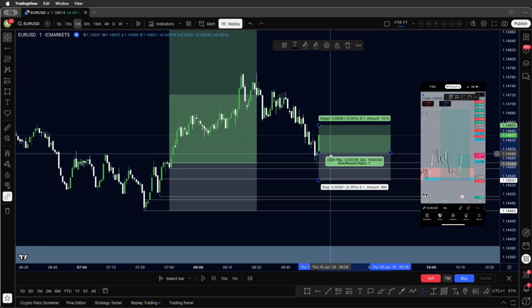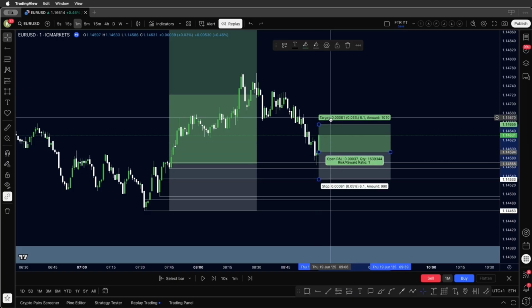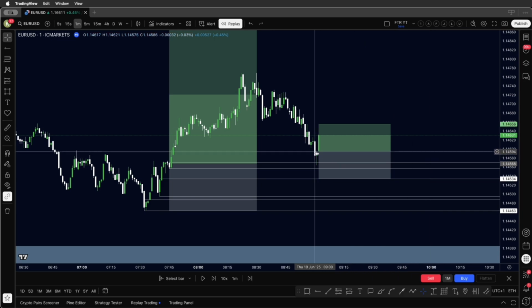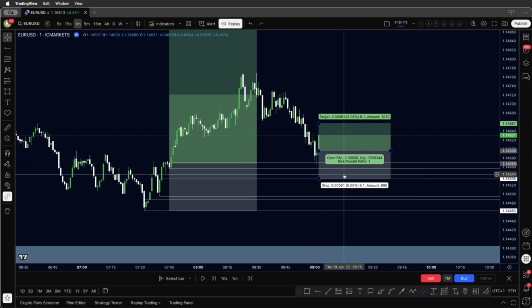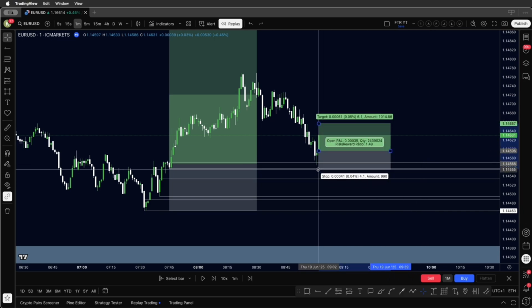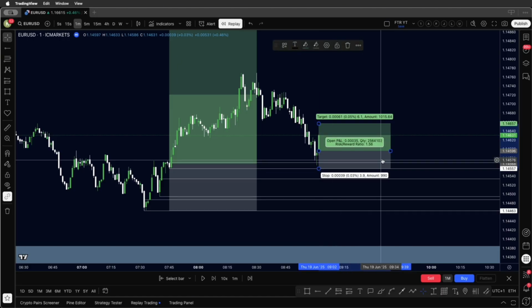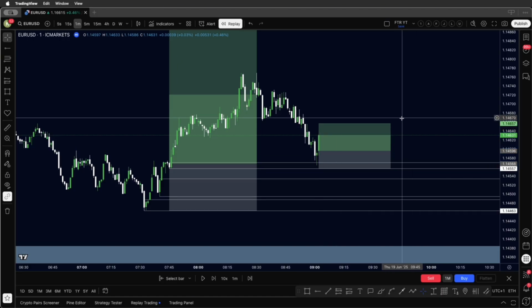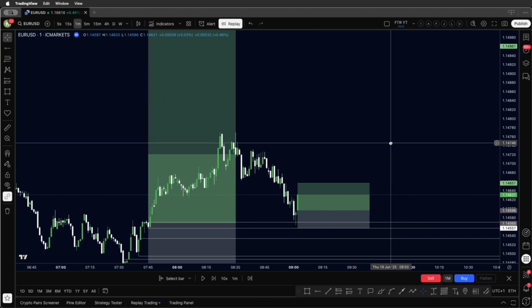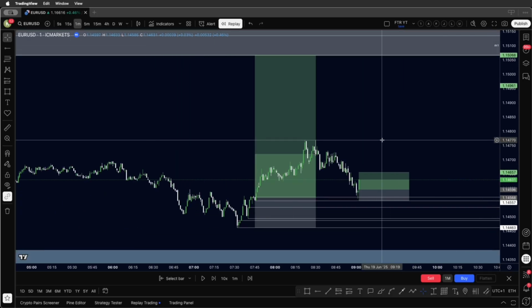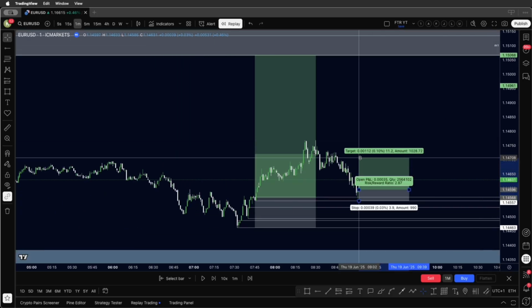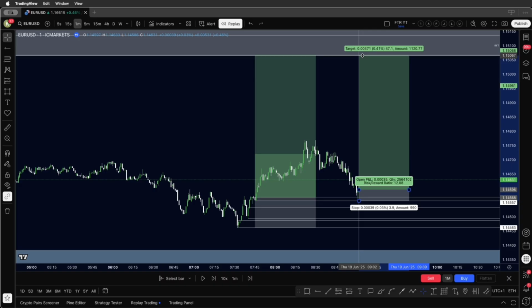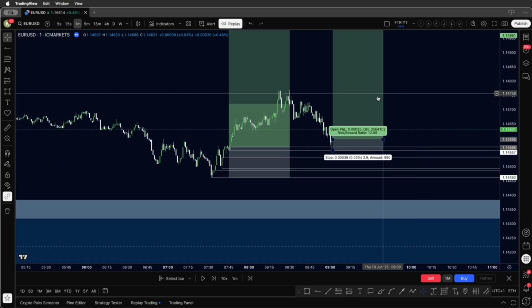So off the close, well, technically it would be the open of the next candle. Stop loss behind there. No, your initial target. Nope, won't be hit. So could go with that.